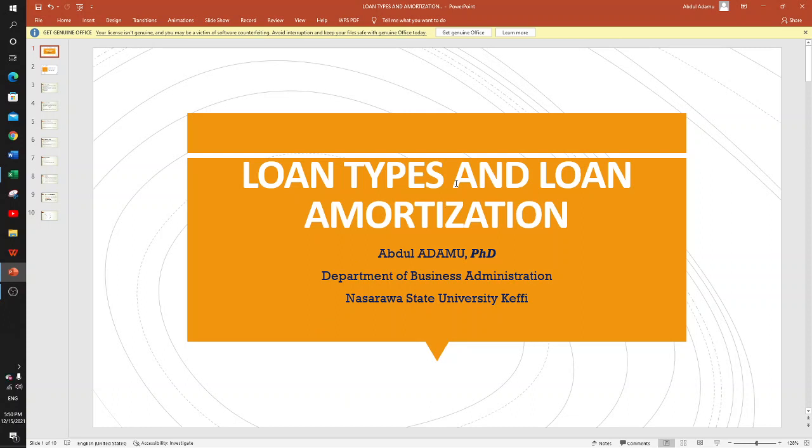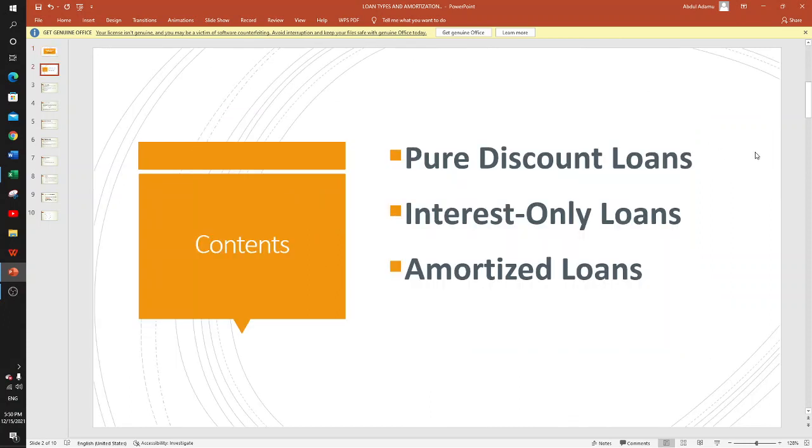We are going to look at three things here. The first is the pure discount loan, where you are given a certain amount today and you pay an amount that is higher than that later, without paying any interest in between.